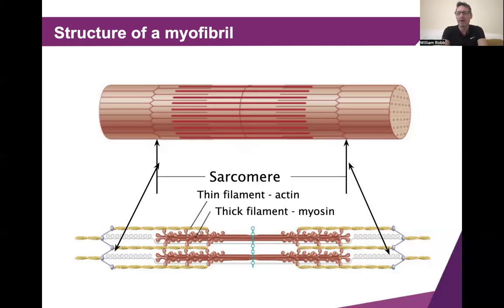This will become more apparent when we start talking about energy systems, where we have ATP, adenosine triphosphate, and ADP, adenosine diphosphate, which we'll talk about later in a different mini lecture. So structure of a myofibril, points to note: thin filament actin, thick filament myosin.